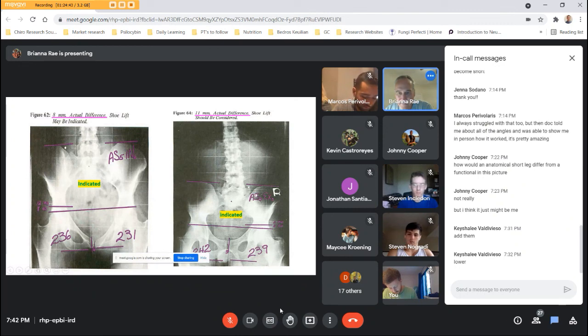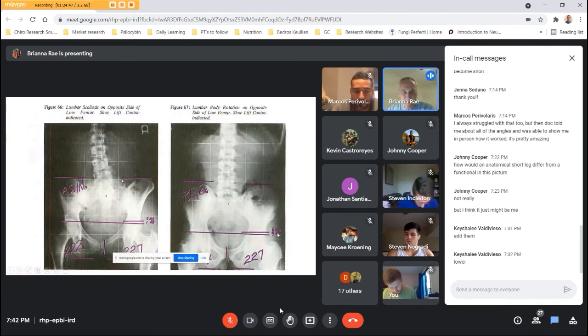That's it. And the last slide here, then we can be done with my presentation, and we can ask some questions and get to Dr. Burns' tape. But here are two cases that would be contraindicated.